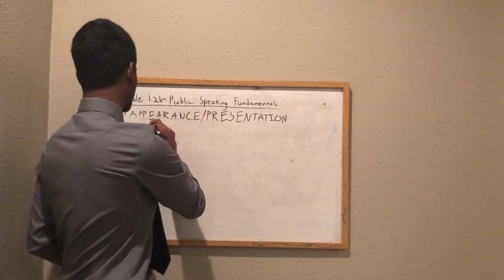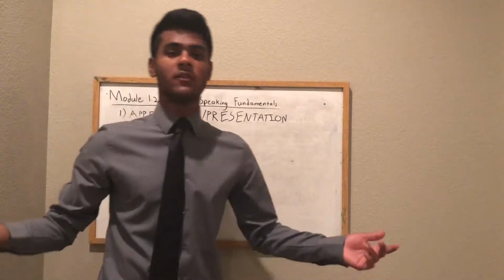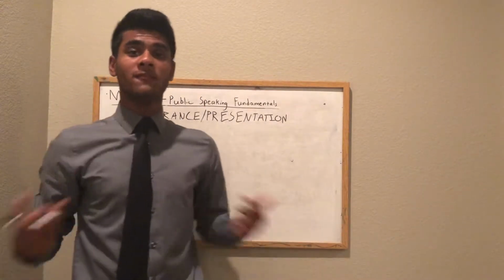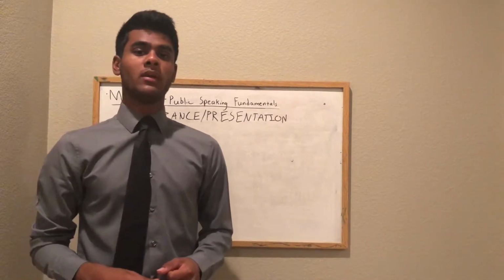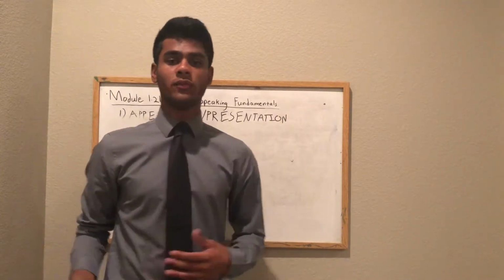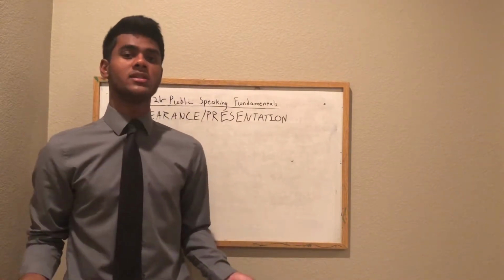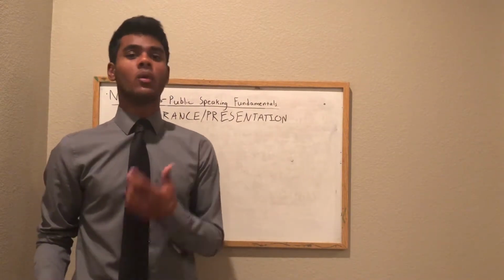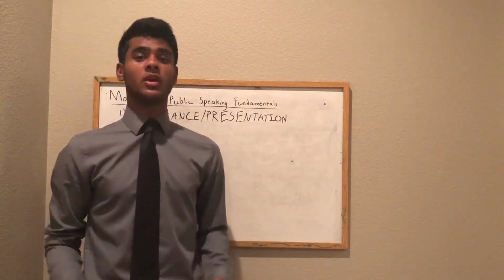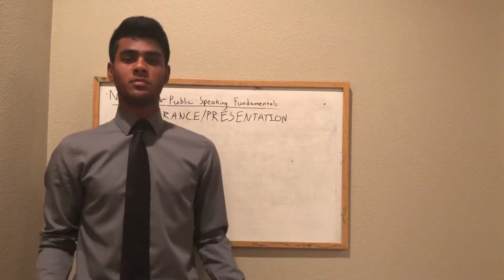Let's get into our first bullet point. Appearance and presentation is very self-explanatory. It's how you show up physically to your speech. Usually, you do not want your clothing to distract your audience. If you see what I'm wearing right now, very formal appearance, my clothing definitely doesn't distract from my face or what I'm saying. That's usually the most appropriate way to appear to a public speaking or speech event.